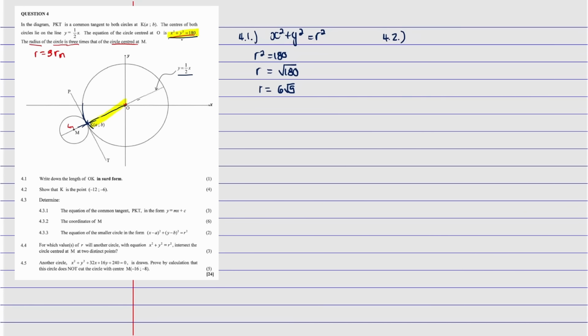Knowing that there's an intersection, we know that k is the intersection of the line y equals 1 over 2x and the big circle, whose equation I'm going to write: x squared plus y squared equals 180.